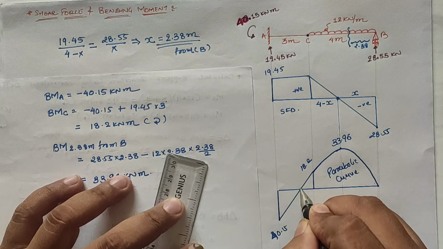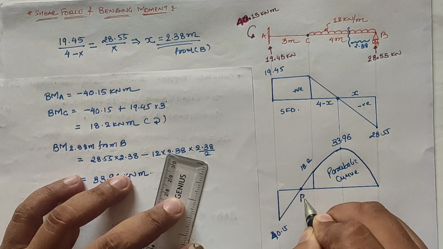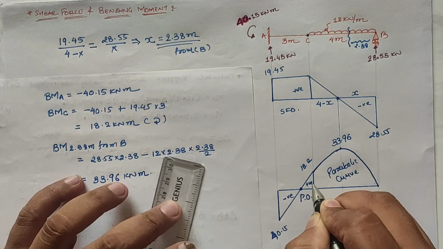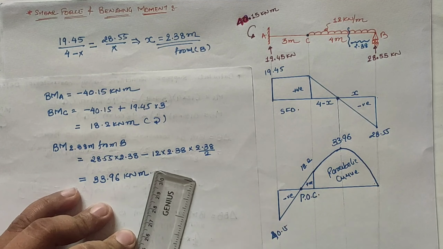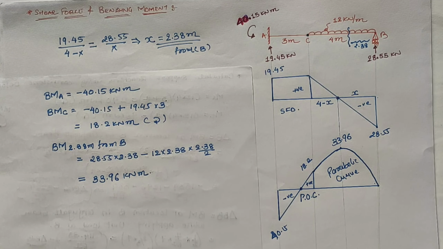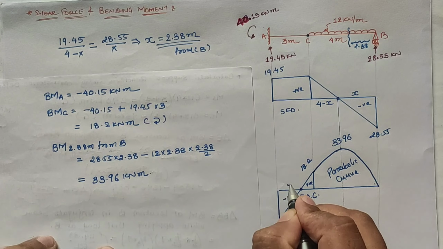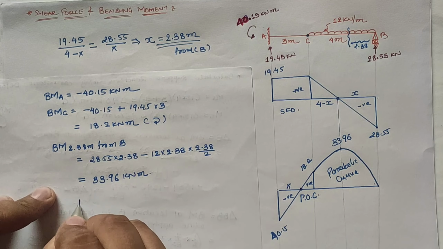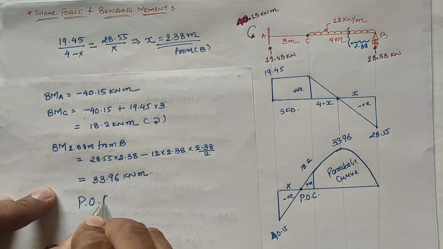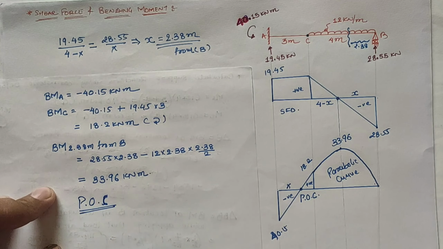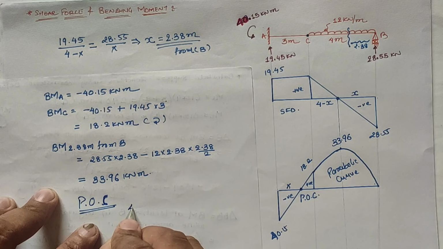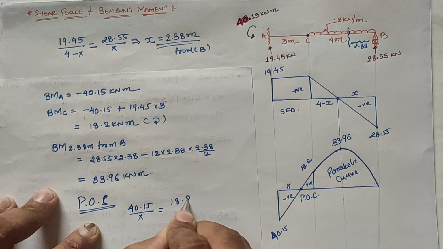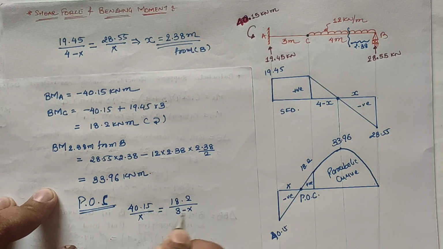Now between A to C there is a point of contraflexure, as the diagram changes the sign from negative to positive, and if we assume the distance as x from location A, then for the point of contraflexure, our value is 14.15 by x, which must be equal to 18.2 by 3 minus x.